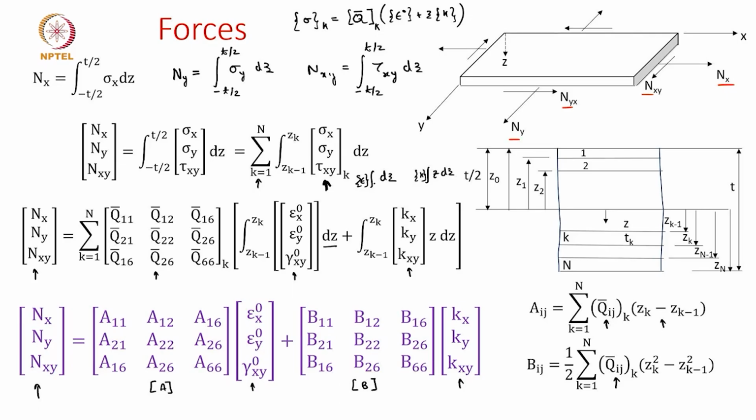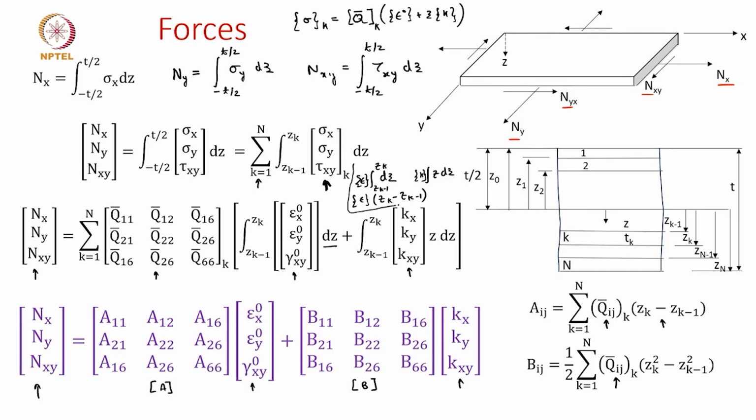let's say these are the mid-surface strains and these are the curvatures which are taken out of the integral. And now once we apply it, the integral of dz, if this is going from z_k minus 1 to z_k, we should be writing this as epsilon times z_k minus z_k minus 1. That's exactly what we have written for the A matrix.